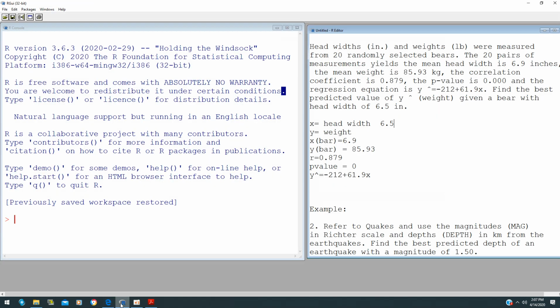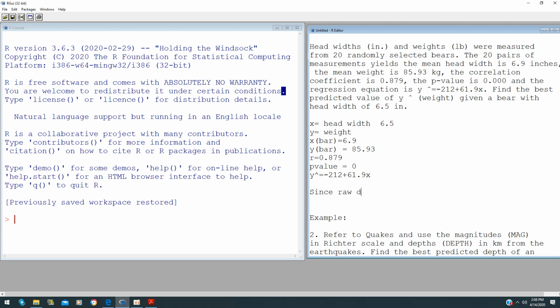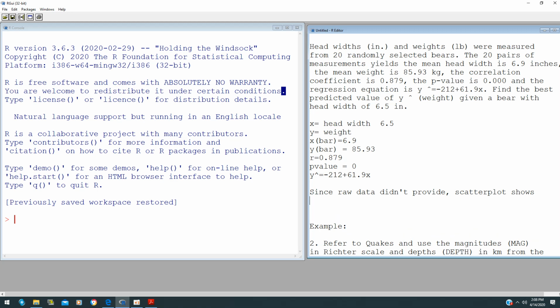Okay. So for this question, since the raw data was not provided to us, checking that the scatter plot shows linearity will be skipped.